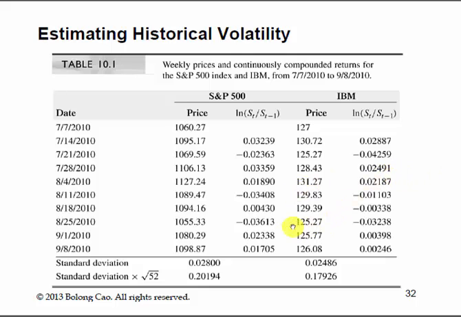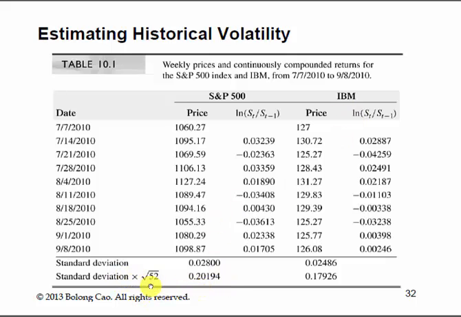This is the textbook calculation based on the S&P 500 index and the IBM stock itself. You can have the standard deviation for several days, from different weeks, and then we get the weekly standard deviation of either the S&P 500 index or the IBM stock price.